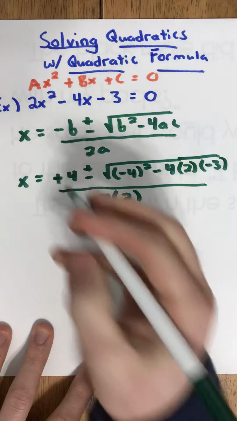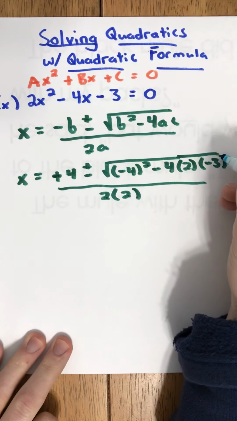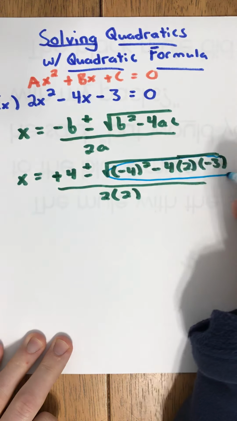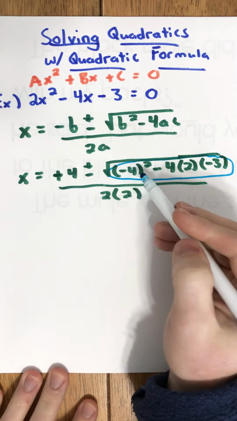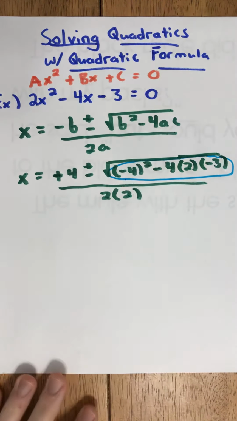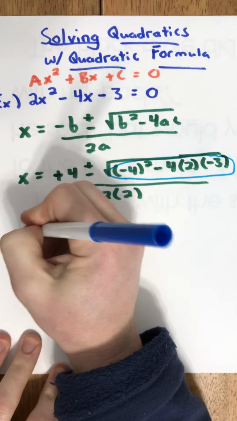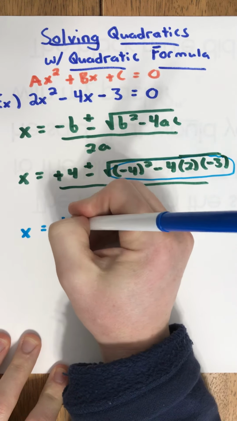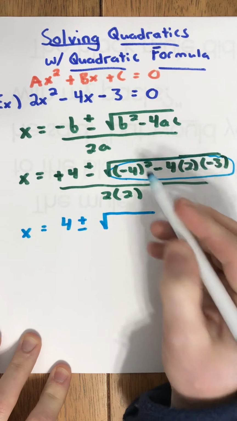All right, so again, just like the last couple days, I'm going to advise that you start to simplify this by taking care of what's inside this square root initially. Be careful when you're putting this in your calculator. Make sure that you put parentheses around that negative 4. If you don't, you're going to end up with a different answer that's going to lead you to an incorrect answer at the end. So we're going to do this correctly. We're going to have x equals 4 plus or minus the square root.